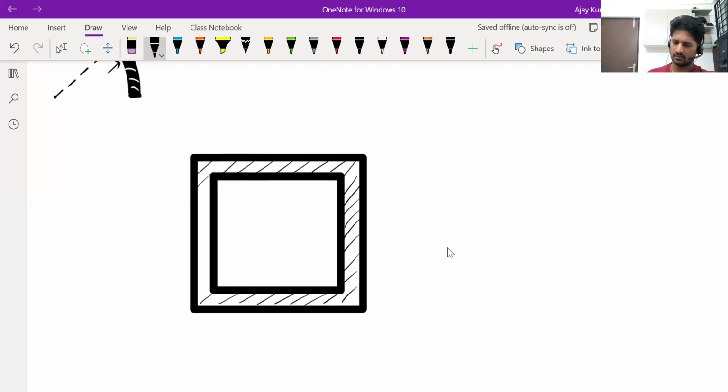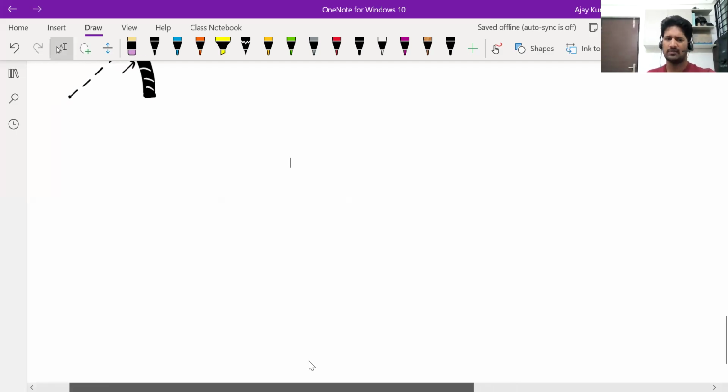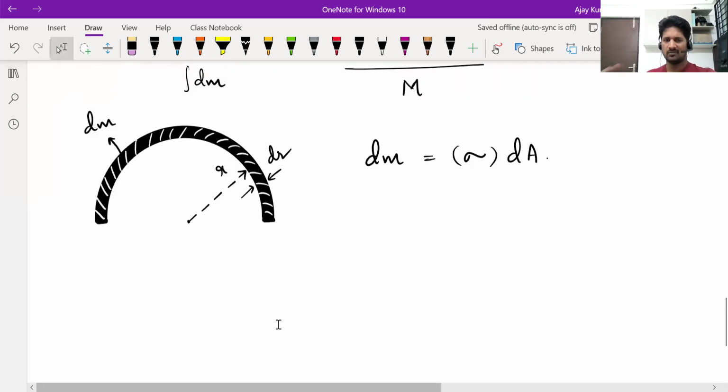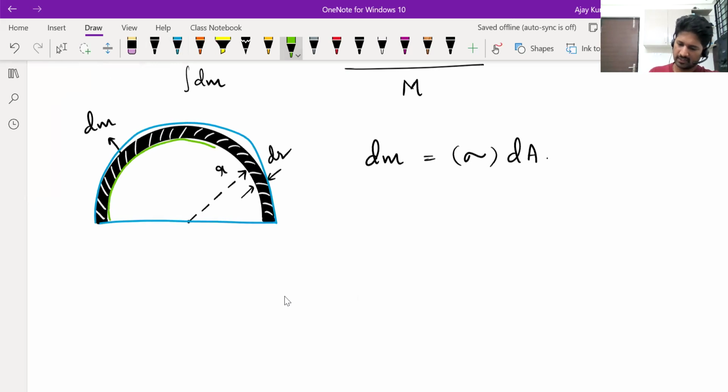Area of the outer square minus area of the inner square. Now what you see here is also similar to that only. It's not a square, but it's an arc which has some thickness. So what you can do is, you can find out this complete area first, and from that, you can remove this smaller area.